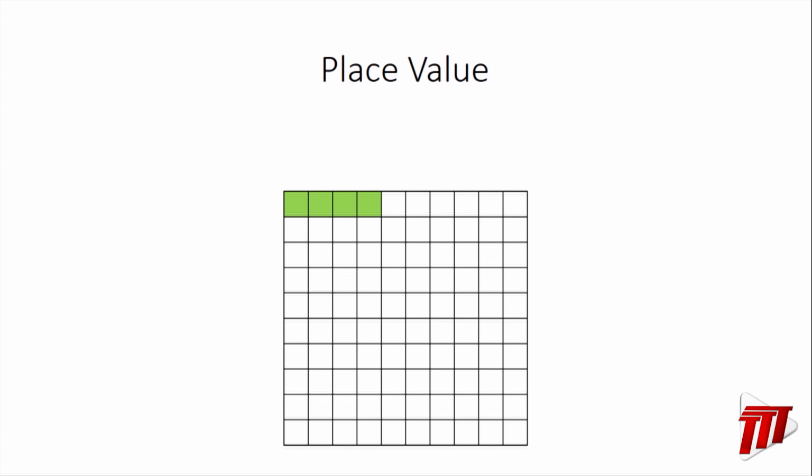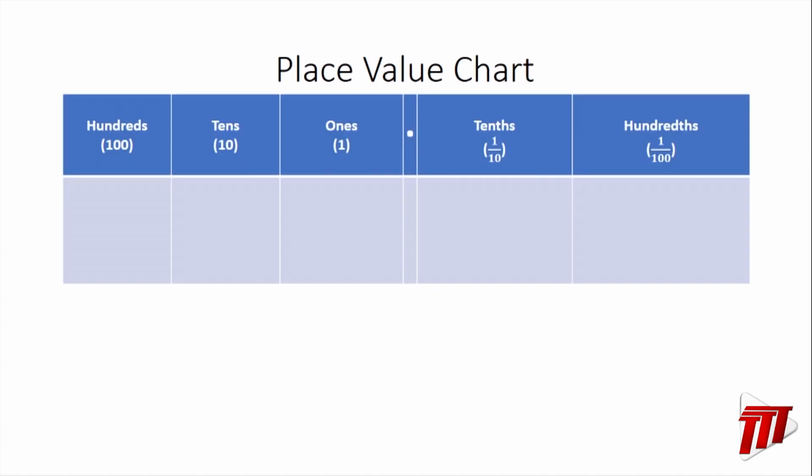To represent 4/100, we are going to color 4 out of those 100 equal parts. That gives us our 4/100. We can represent 4/100 using our place value chart. 4/100 is a value that is less than 1 whole.